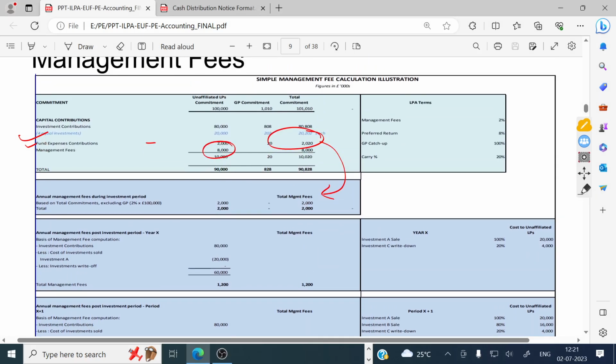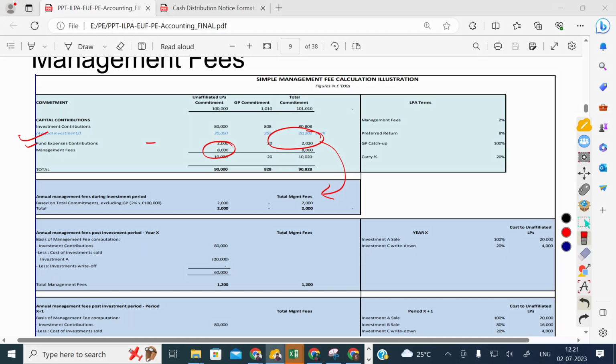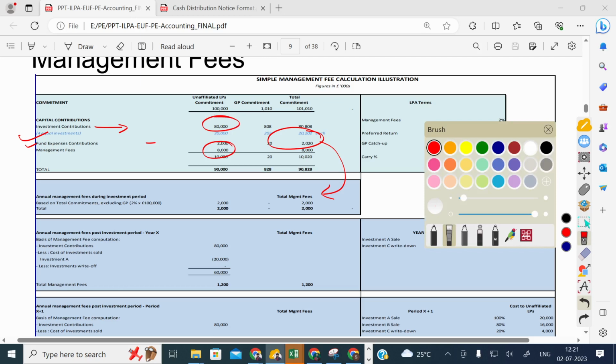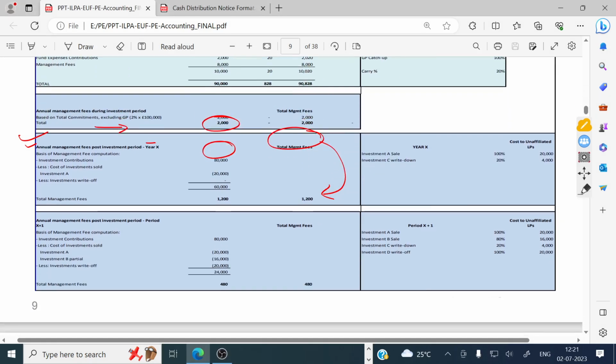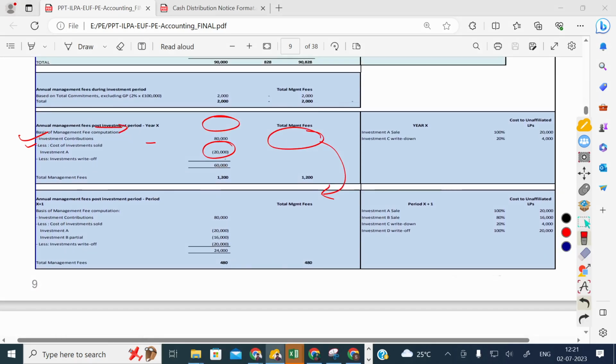Go here, investment contributions. This one, right? Only invested. This one. So go down and check it. Here, basis of investment fees, 80,000.